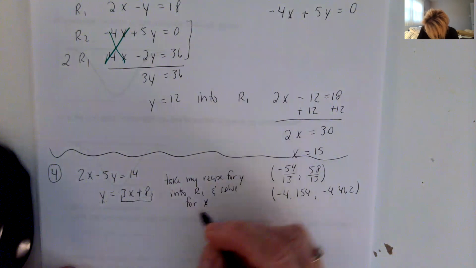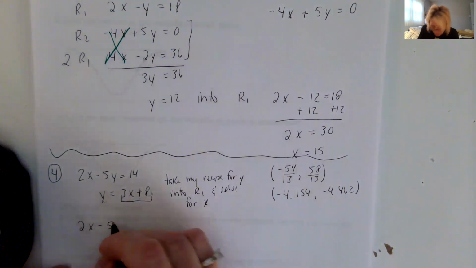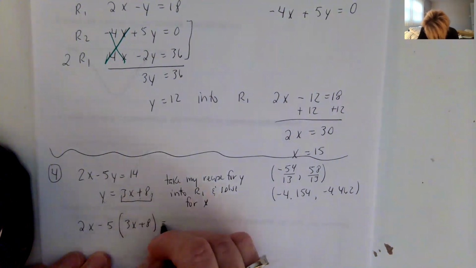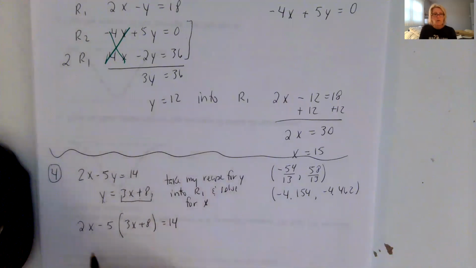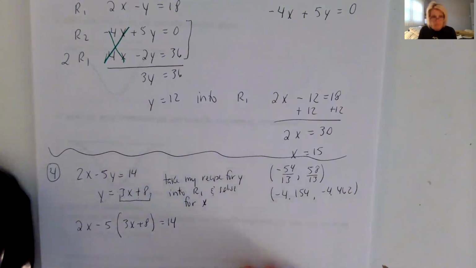Okay. So 2 times x minus 5. And now that I see a y, I'm going to put my recipe for y, which is 3x plus 8 equals 14. So you should have an equation all in x's. If you don't, then it's not getting you to where you want to be.